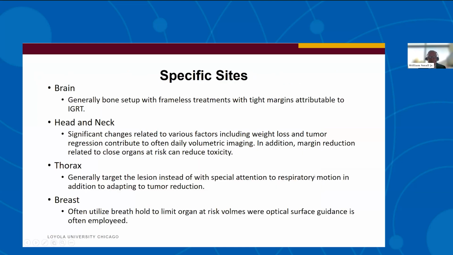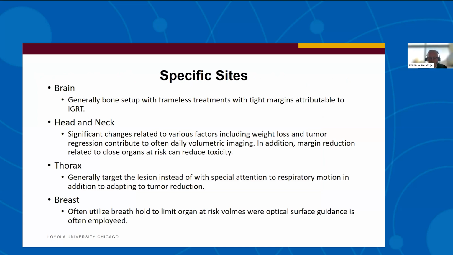So just really quickly touching on some tumor sites and what we do. For brain, we typically set up to frameless treatments with tight margins, which is attributed to IGRT. We typically locate the bone because there's not a lot of motion in the brain, but there is some. Head and neck, there's significant changes related to various factors, including weight loss and tumor regression.